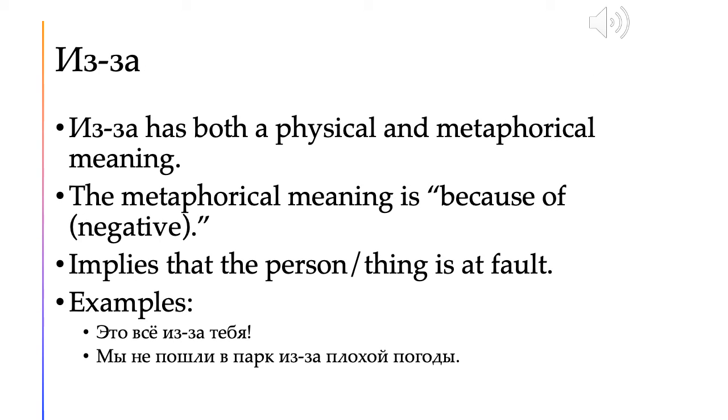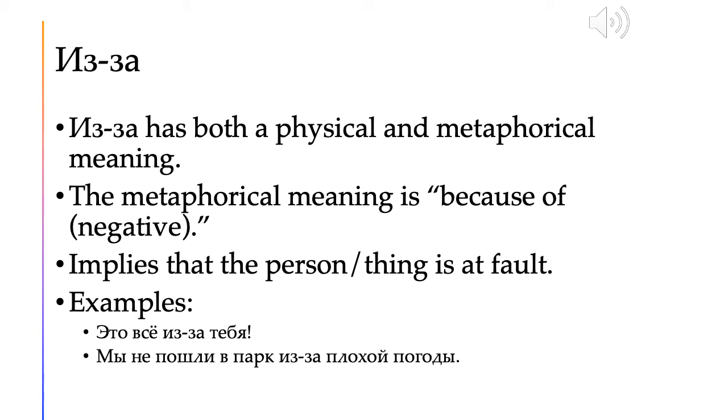The next preposition is из-за, and we write it with a hyphen. It's a combination of the two prepositions из and за. And из-за has both a physical and a metaphorical meaning. And here we're interested in this metaphorical meaning, which is because of, and it is negative. It is because it is something's fault. So we only use из-за if we're saying that something is at fault or there's something sort of negative about the causation.